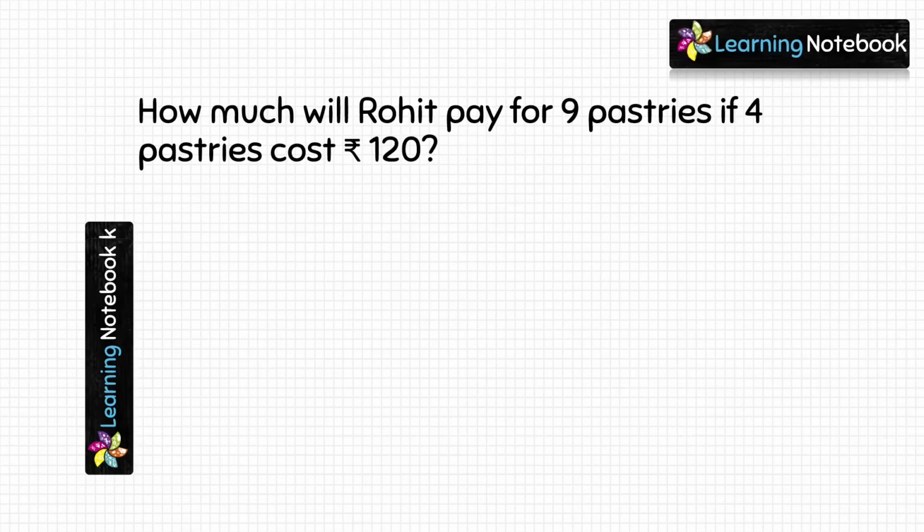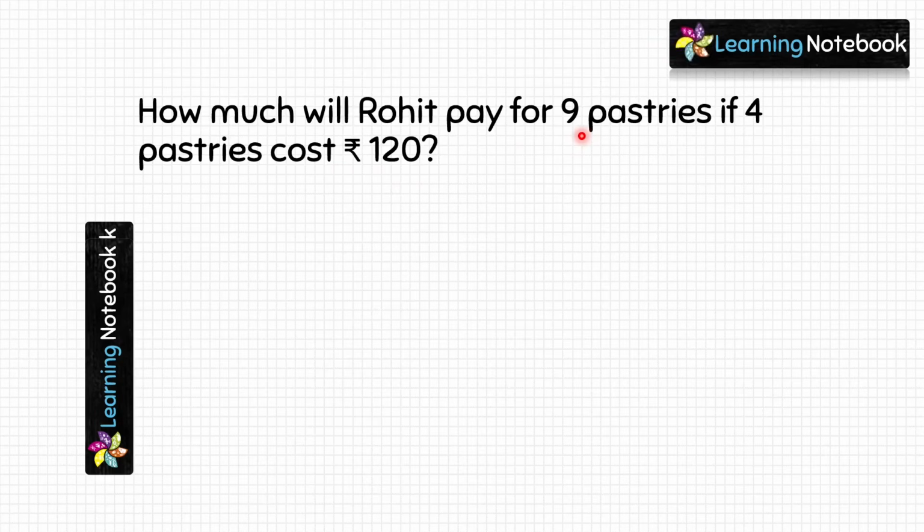Let's see the next question. How much will Rohit pay for 9 pastries if 4 pastries cost rupees 120? Students, in this question, we are given the cost of 4 pastries and we have to calculate the cost of 9 pastries.